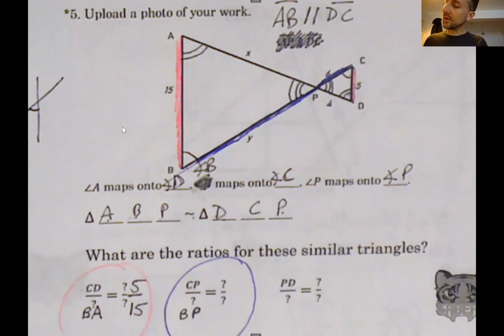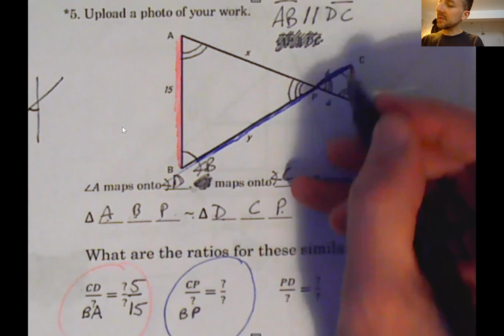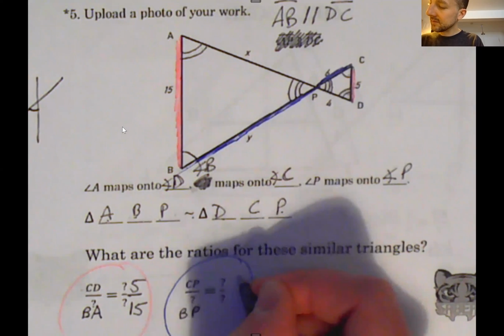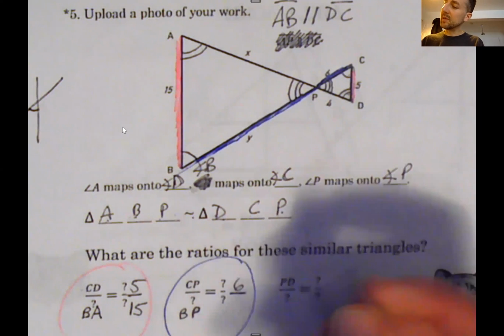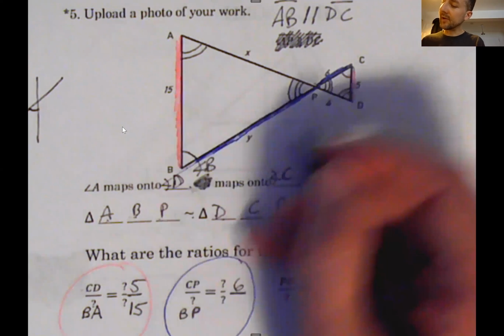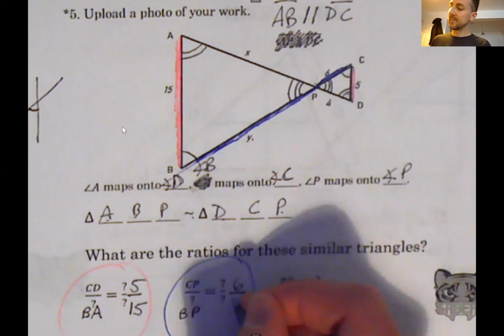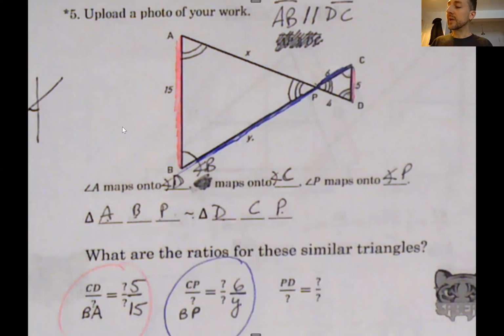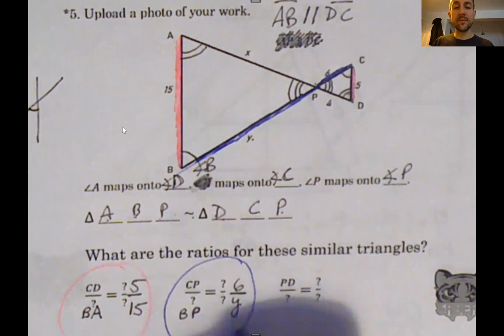And as far as our values go, we know that CP is 6. And BP, we don't know. We have the variable Y. And in another video, we can show you how to solve for Y, or you might see a pattern emerging.